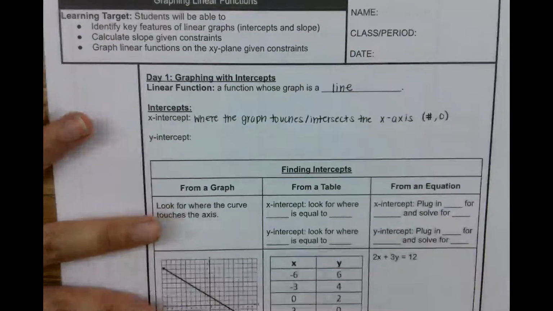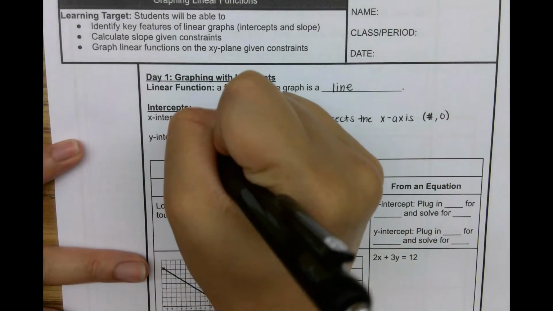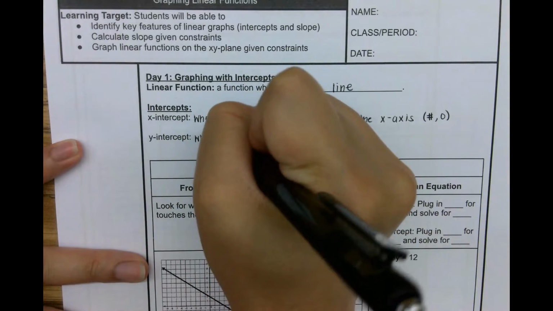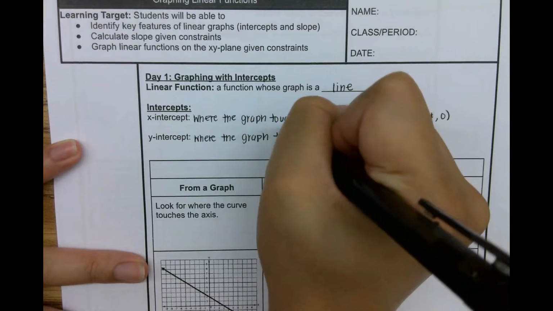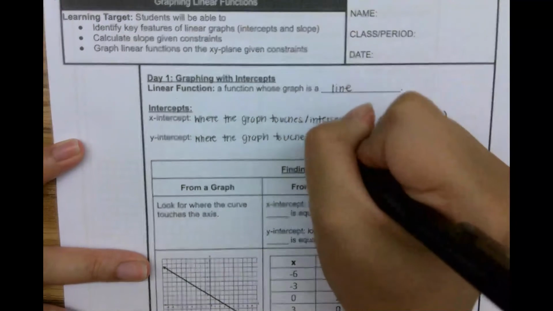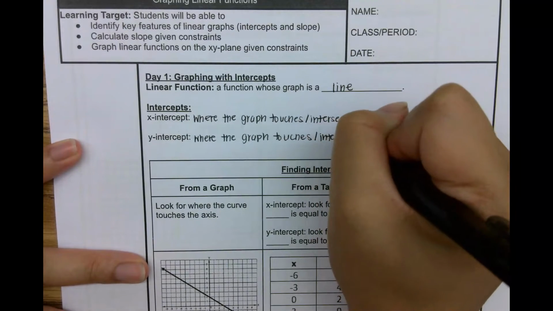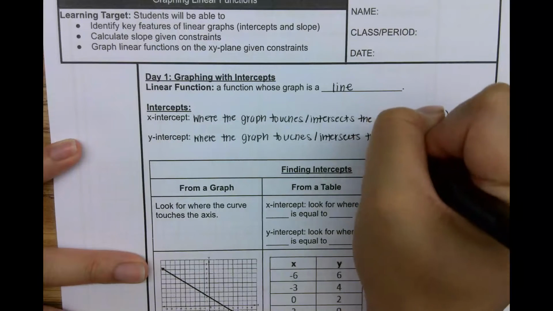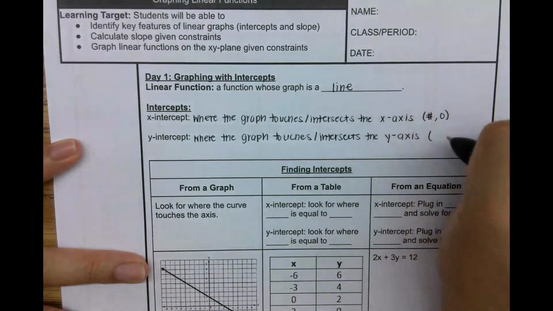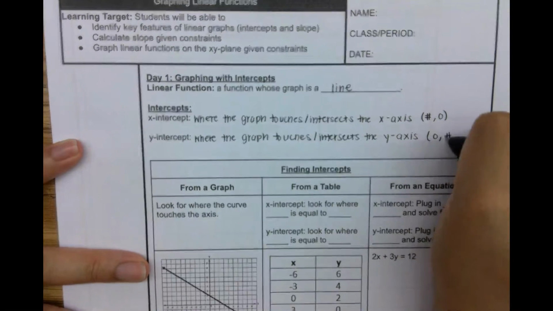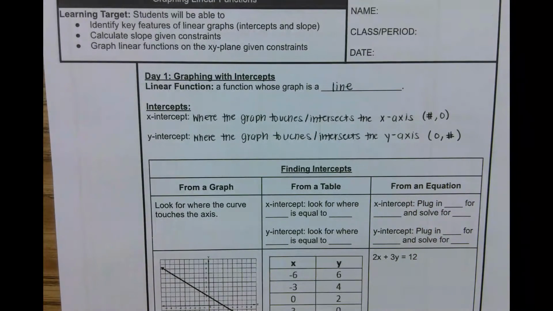Our y-intercept is where the graph touches the y-axis. For that, when we're writing it as an ordered pair, it is 0, comma, a number.